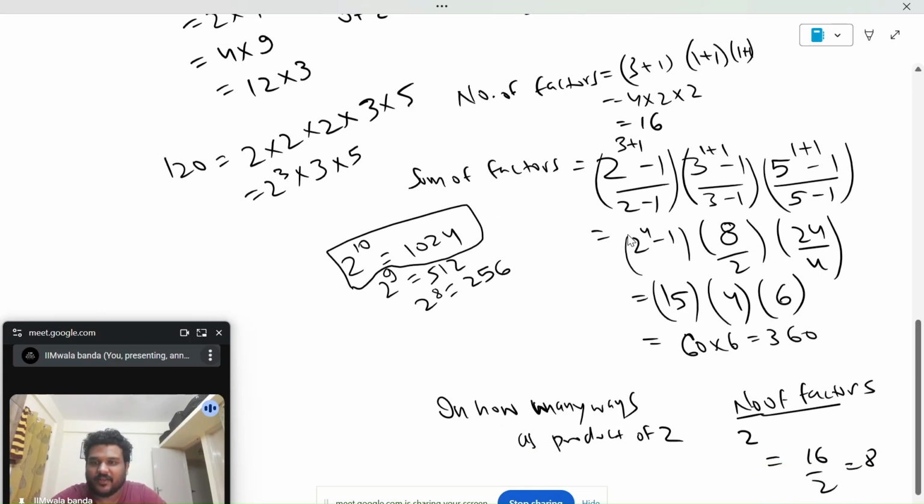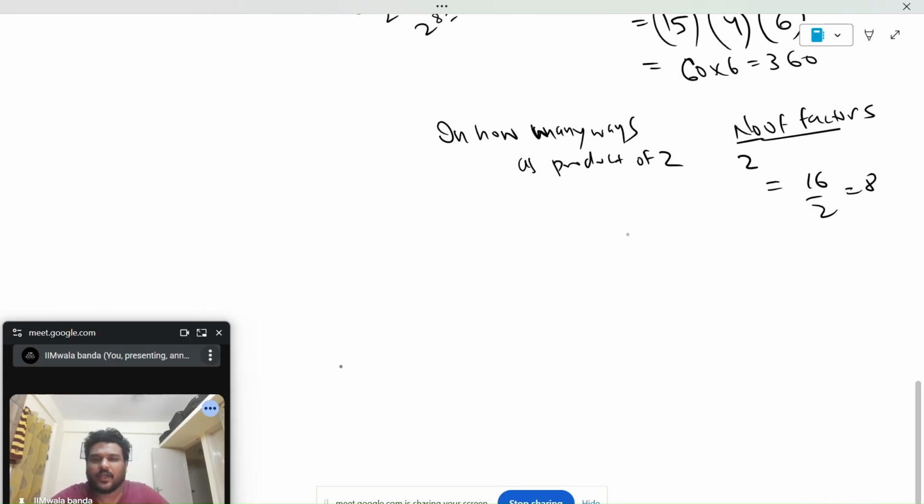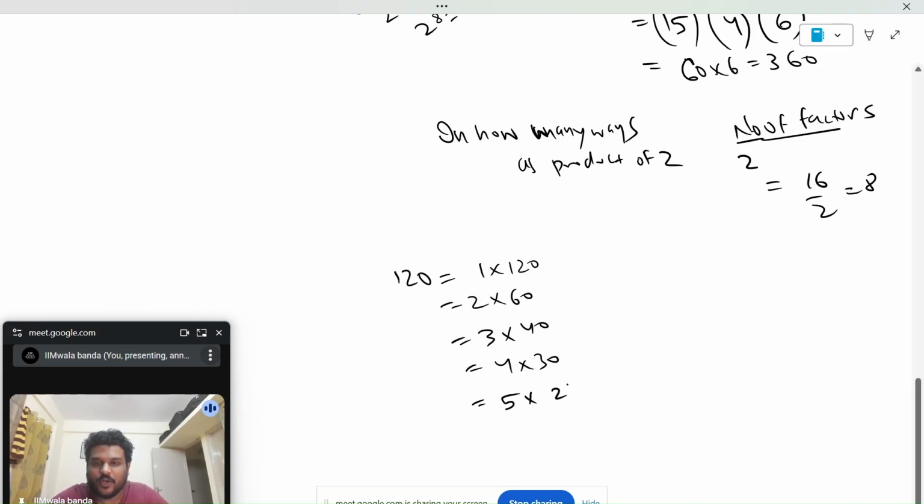Let's verify, just for our understanding. 120 in 8 ways. How? 1 into 120. Next, 2 into 60. Next, go in a pattern. 3 into 40. 4 into 30. And be sure that we're not repeating. 5 into 24. 6 into 20. Then 7, no, 8 into 15, yes.